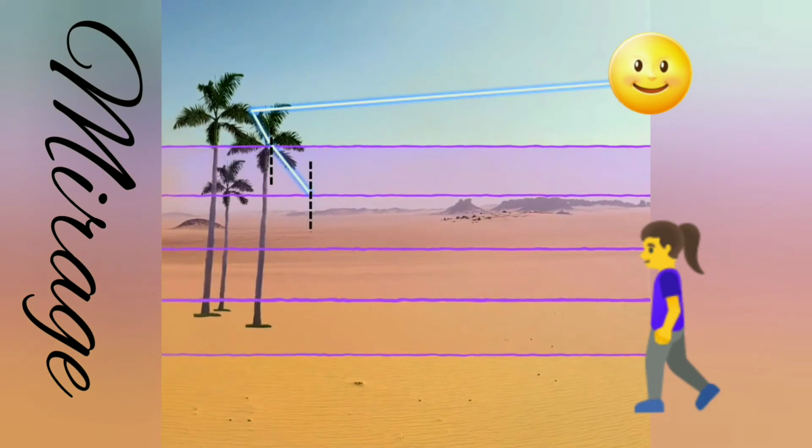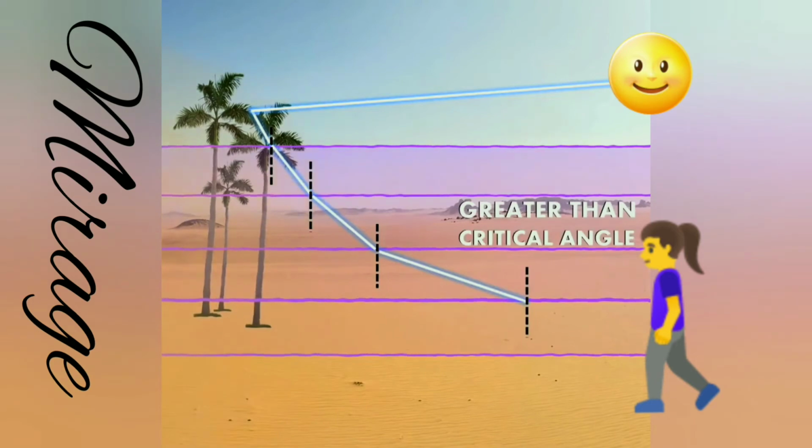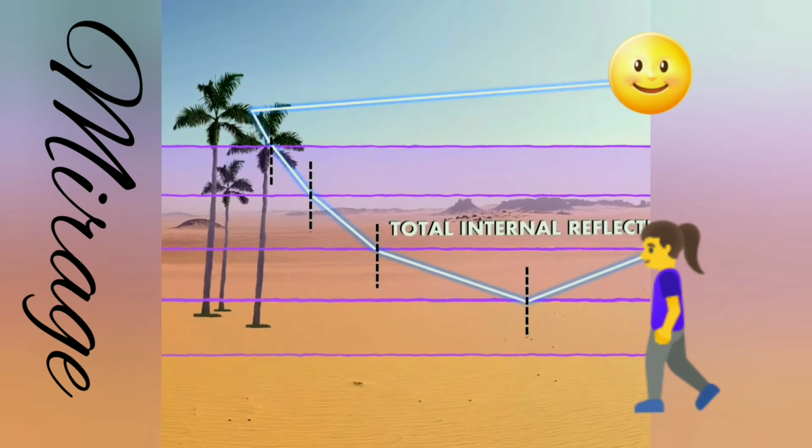They will keep bending away from the normal, but then a time will come when they will hit at an angle which is greater than the critical angle. And when they hit at an angle greater than the critical angle, the light rays will undergo total internal reflection. And after going through total internal reflection, they will bend to the girl's eye.